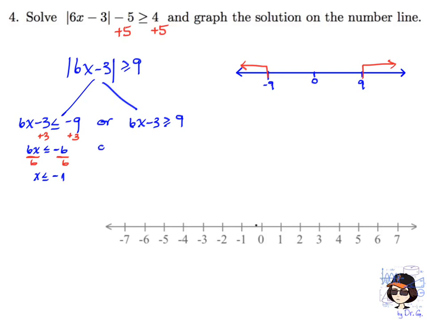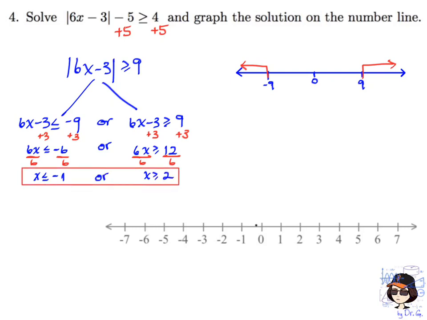And the other one is similar. Add 3. I've got 6x is greater than or equal to 12. Now I can divide by 6 on both sides. And x is greater than or equal to 2. Okay, so we've solved it, but now we have to graph it on the number line.